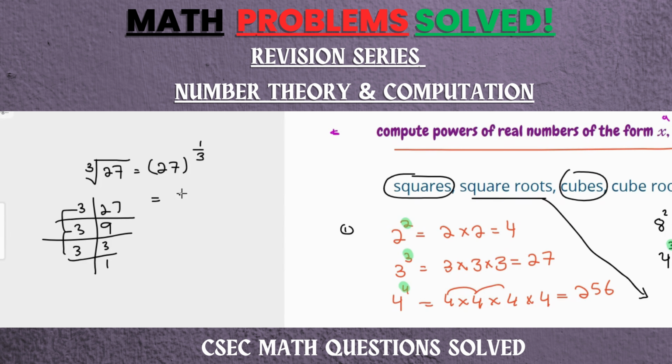So it's actually 3 to the power of 3, right? And then we will write it. So this 3 and this 3 cancel out, and you will get just 3. So what's the cube root of 27? It's just 3, right? Similarly, you can find the cube root of 125.